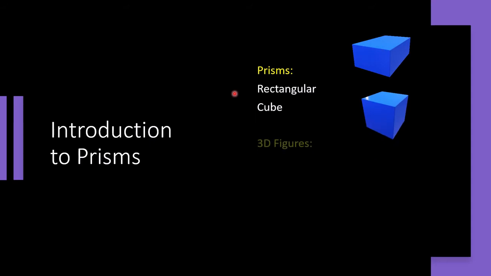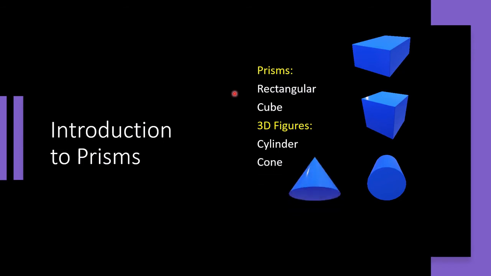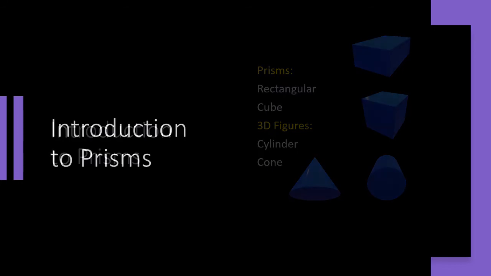And we also have some three-dimensional figures that are not prisms. For example, we have the cylinder, and this is what the cylinder looks like. And then we also have the cone, and this is what the cone looks like.